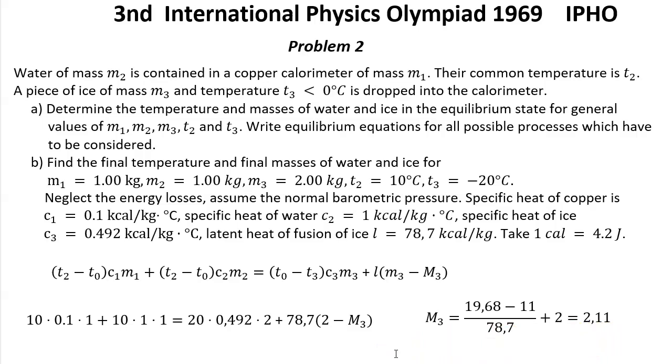It means that part of the water became ice, but this is still less than the initial 1 plus 2, which is 3 kilograms. So this is the correct answer. So M3 belongs between 0 and 3 kilograms. So that was the solution for problem number 2.